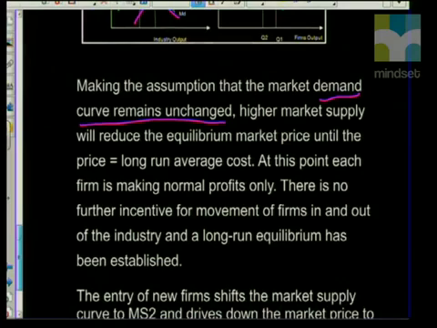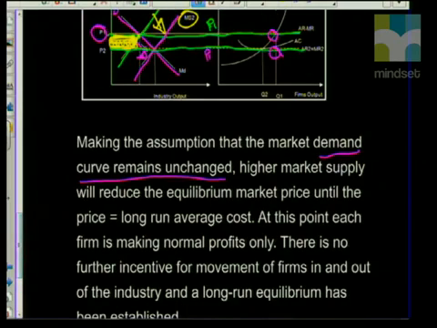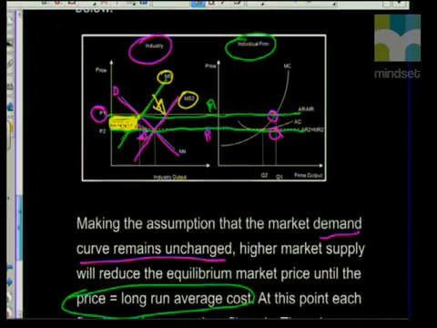As a result of the higher market supply, it will reduce the equilibrium market price until the price equals the long run average cost. If I go back to the graph, I can show you the average cost is indicated in this area.